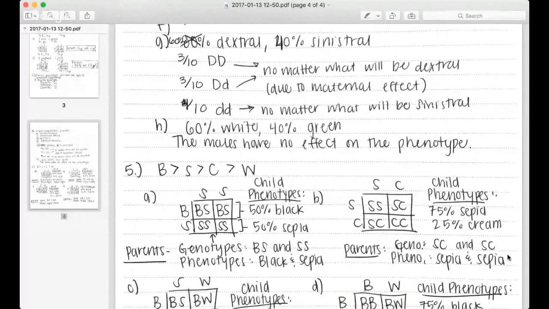Because no matter what the genotype is in the children, whatever the phenotype is in the mother will be the phenotype in the children. So that makes it 60% dextral, 40% sinistral. And the same thing with H, because the males have no effect on the phenotype with this example. So it'll just end up being 60% white and 40% green plants.